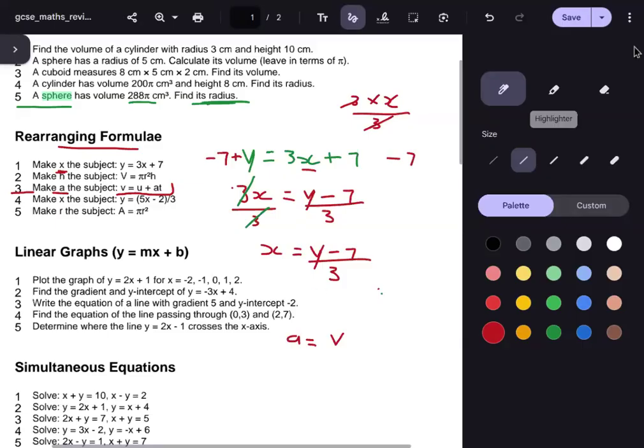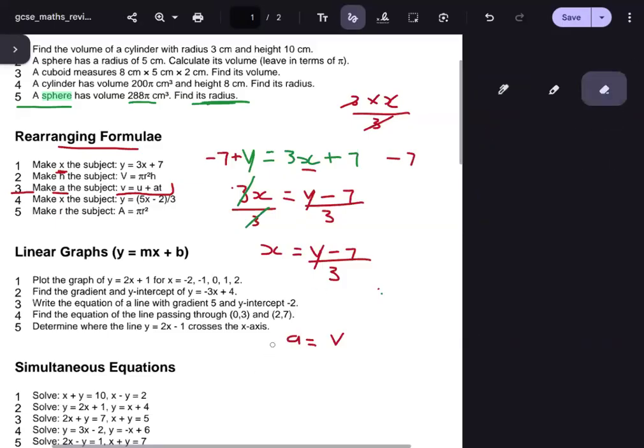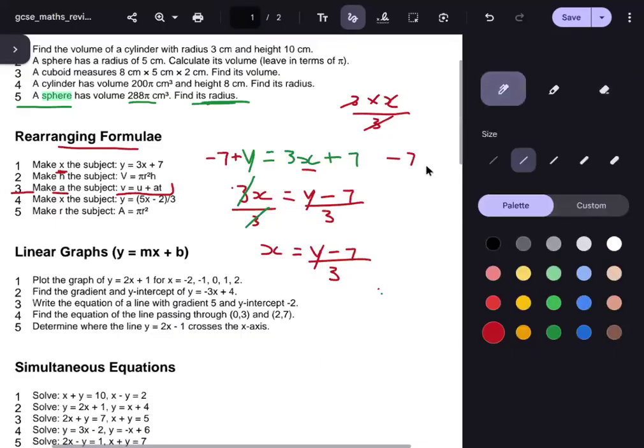Okay, what was the first step that you took? What did you get rid of? I didn't do anything yet. Okay, so do you remember here I said we're making x the subject of the formula? So we're going to get rid of whatever is next to the x. So here we're making A the subject. So we need to get rid of whatever is next to the A, right?